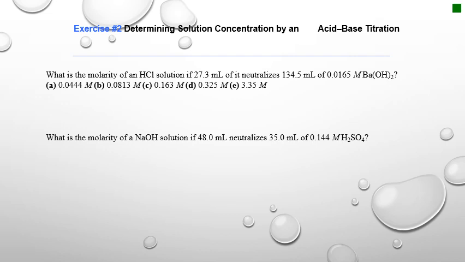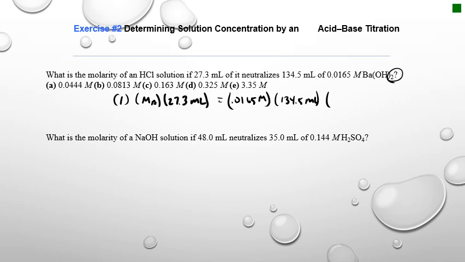So again, for this one, I have 1 for my number of hydrogen ions. I have the Ma times 27.3 milliliters, and that's going to be equal to 0.0165 for the molarity times 134.5 milliliters. And this time again, my hydroxides, I now have 2 for that.